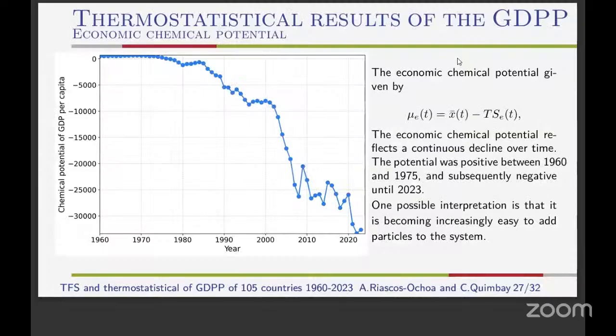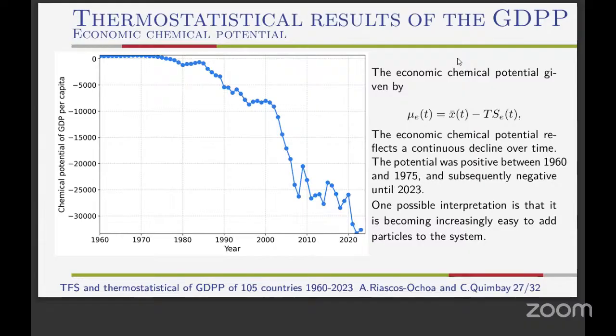Y finalmente, el potencial químico económico, que está definido así a partir de ese marco teórico del ensamble canónico. Encontramos que el potencial químico es positivo desde el año 60 hasta el 75, pasa a ser negativo después del 75 y sigue siendo cada vez más negativo hasta el año 2023.